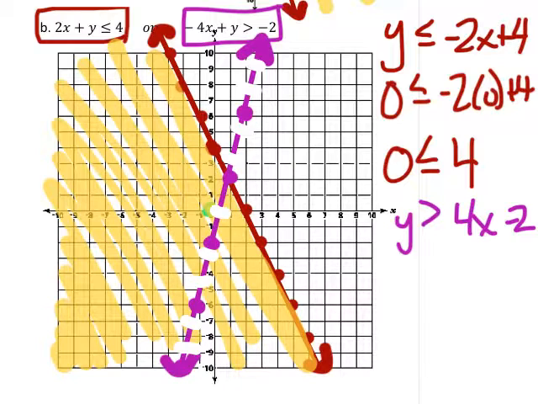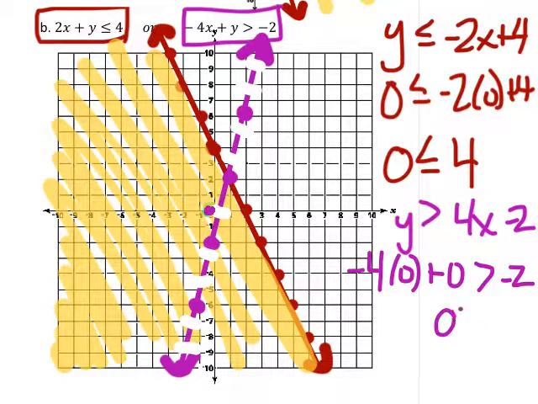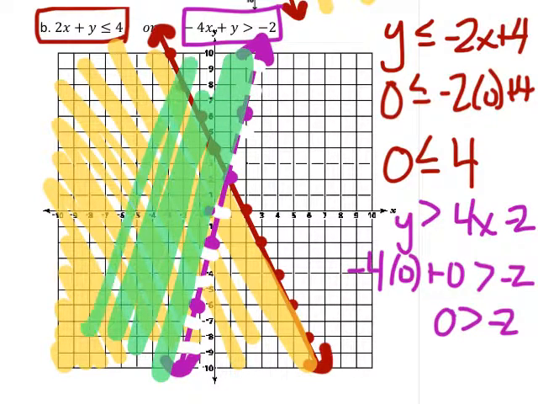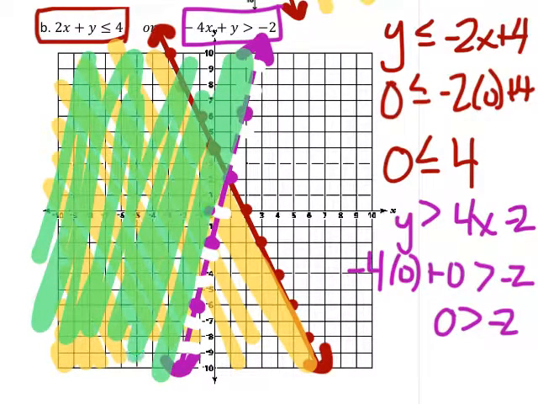And I am going to try again using the point 0, 0, which is right here, to see if this makes it a true statement. So if we go back to the original equation, we've got negative 4 times 0 plus 0. Is this greater than negative 2? You'll end up with 0 is greater than negative 2. That's true. So if we wanted to shade in this area, I'm going to go ahead and use green, because 0, 0 is on the left side of this line. And there we go.